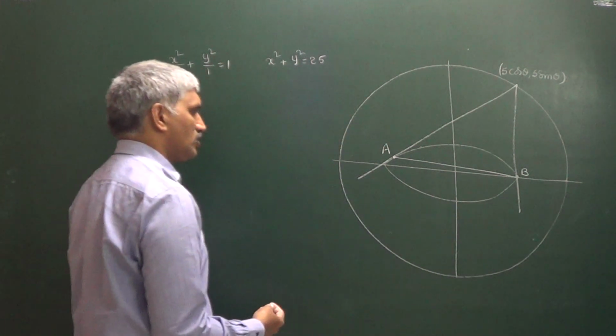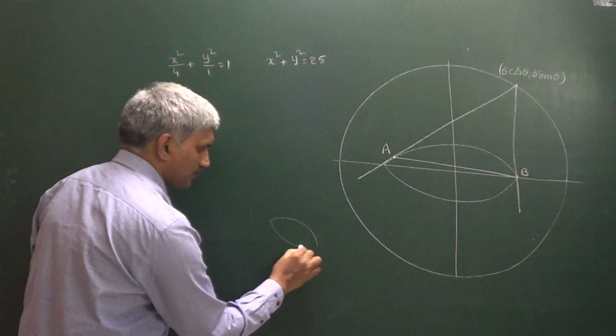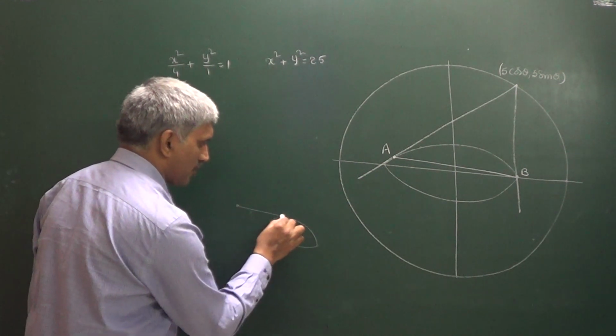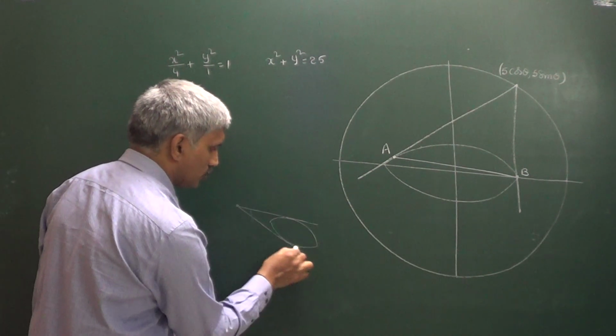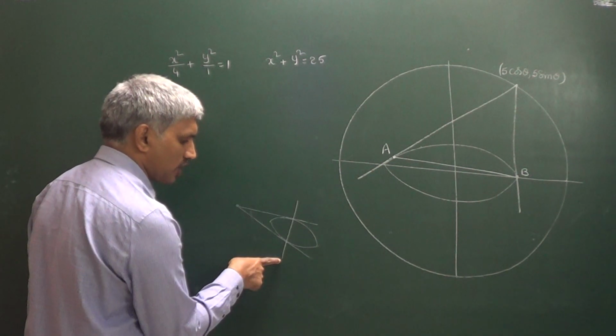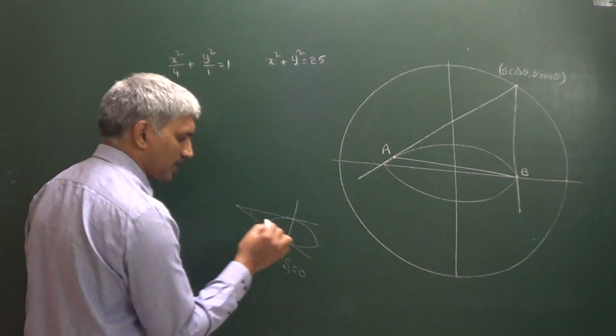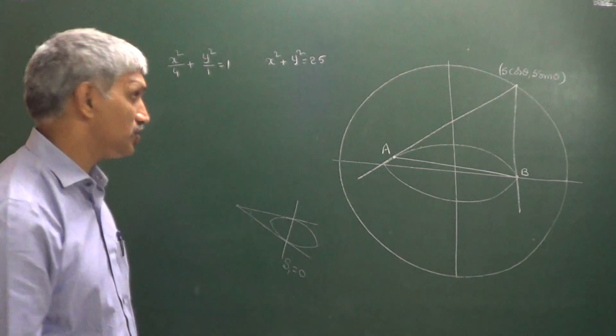Now what is the equation of the chord of contact? Observe here, the ellipse is there. From an external point we are drawing the tangents. Those two tangents touch the ellipse. Then this is called the chord of contact. The equation of the chord of contact is S1 equals 0.